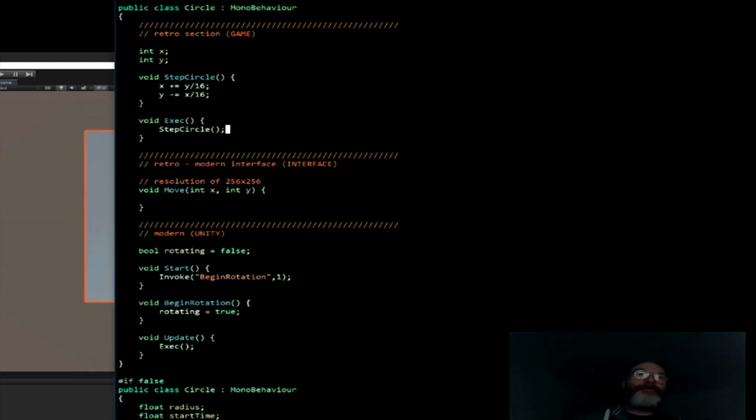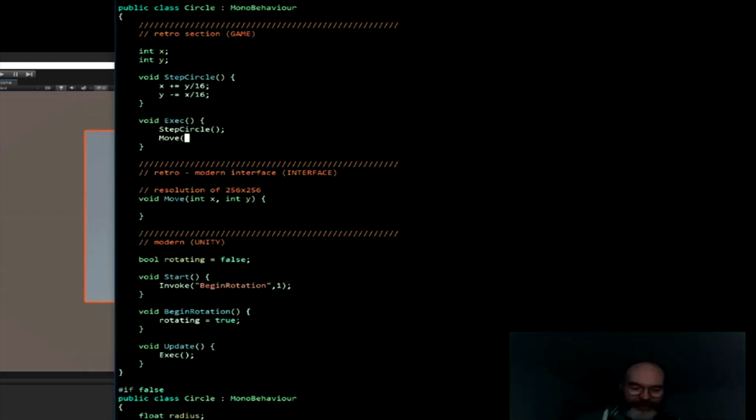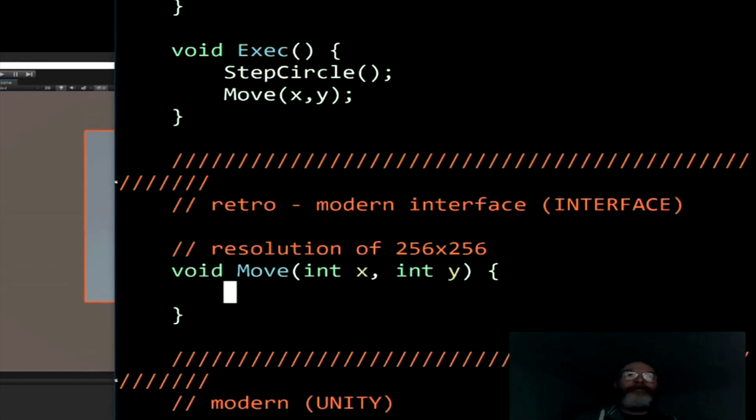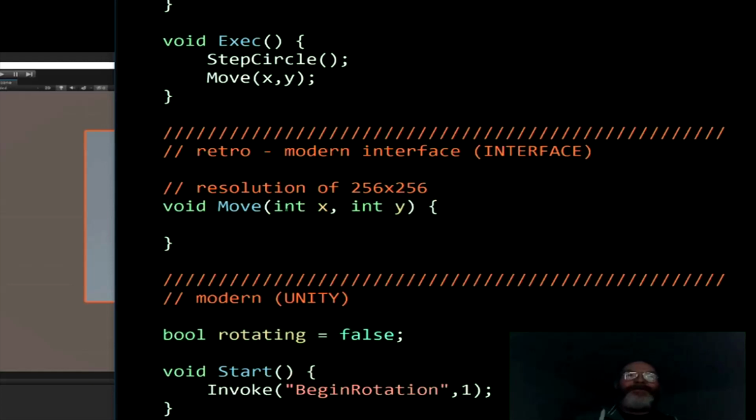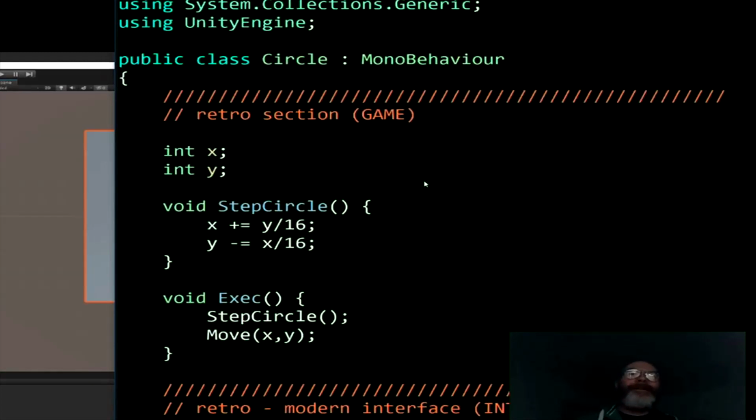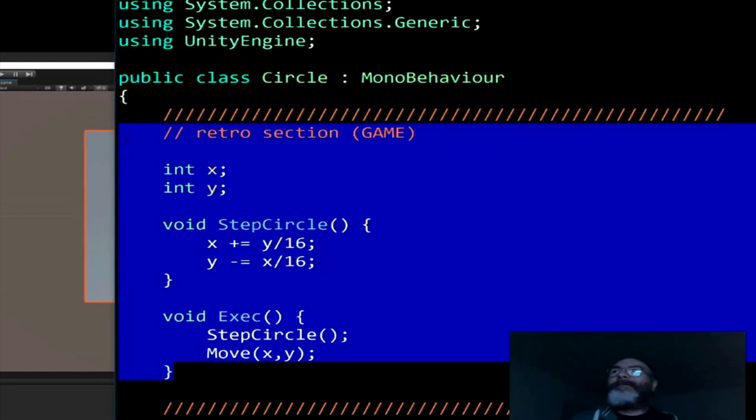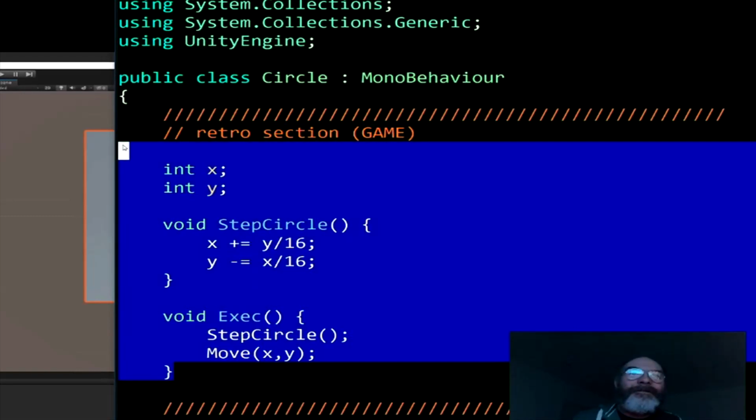Cool. Now, in order to actually move this thing, we can then say step circle move. And it should start to make sense, right? So it's like step circle and move. Okay, going too far there.